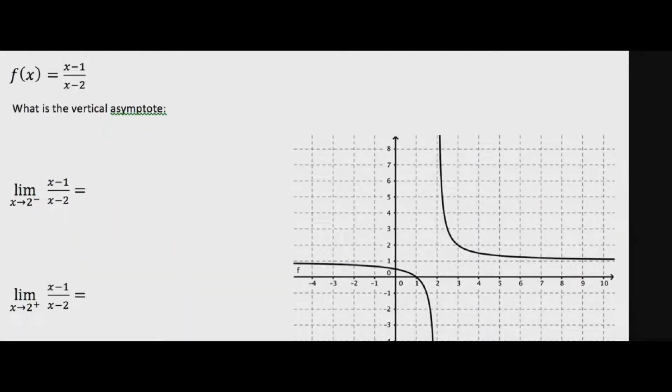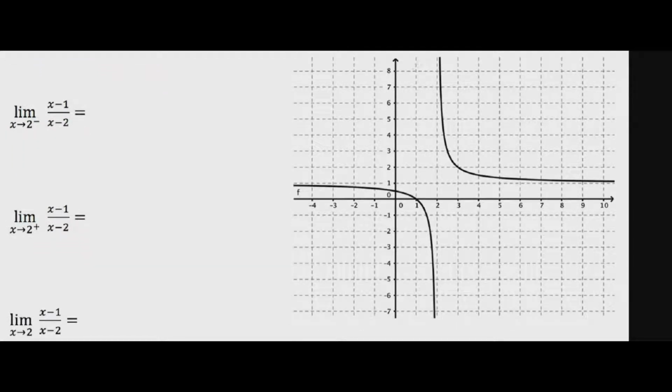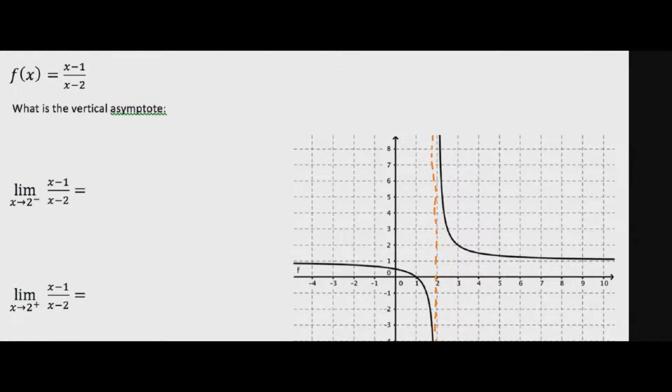Well, here we are. It's asking us for the vertical asymptote. And first, let's look at the graph. If we look at the graph, my vertical asymptote is right over here at 2. You can see it clearly on the graph. Well, where do you see that with the equation? Again, it has to do with the denominator, because what number do I need to plug in here to get 0 on the denominator? Well, 2, because 2 minus 2 gives me 0.